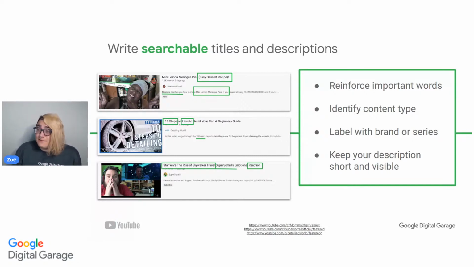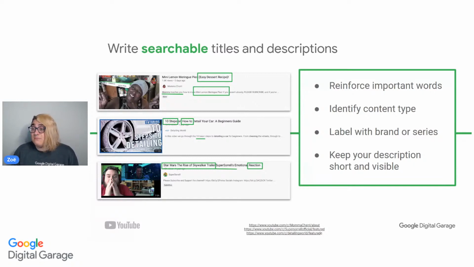Think about things like, for example, 10 steps or how to detail your car, a beginner's guide. So instead of going 10 steps or how, we've done both. And then again, we've re-emphasized that with 10 basic steps to detailing a car. So yeah, that is a good option.